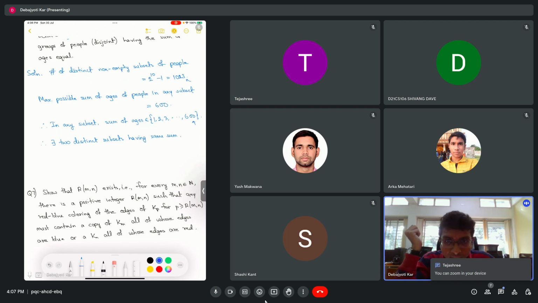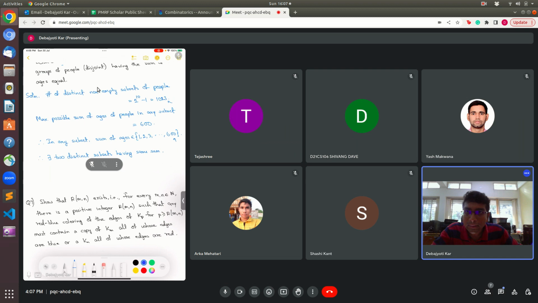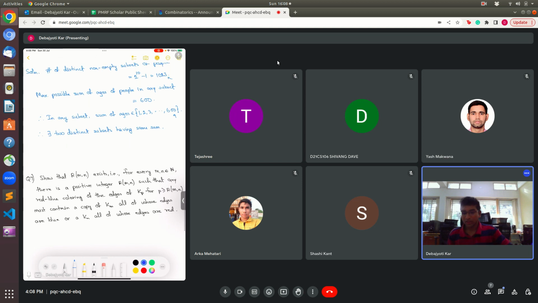Okay, how do I zoom in? Okay, fine. Yeah. Okay. So now what we have got is we have got two distinct subsets. Okay, so like you all can increase the screen size for yourself, no?